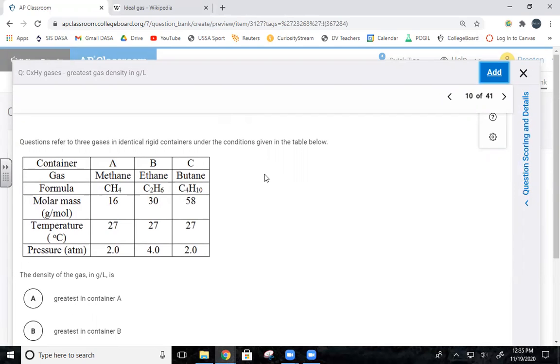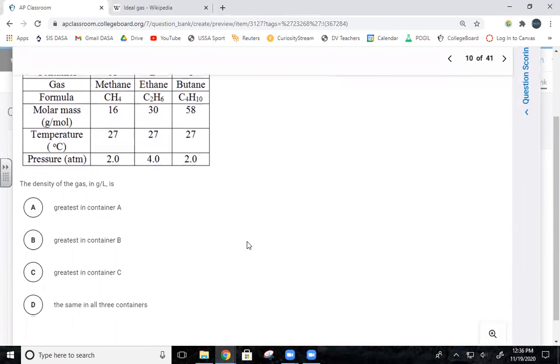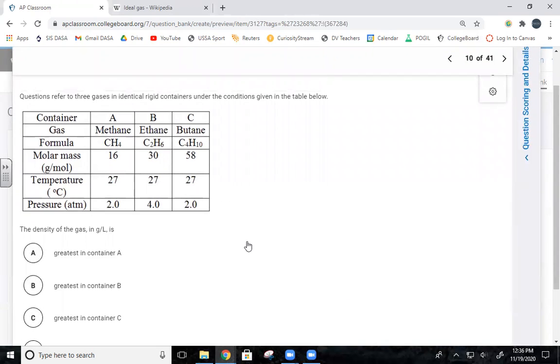All right. So our temperature is the same between the three. Molar masses are different. Pressure is different. In fact, we may not even need our calculators on this one. Density of the gas in grams per liter.